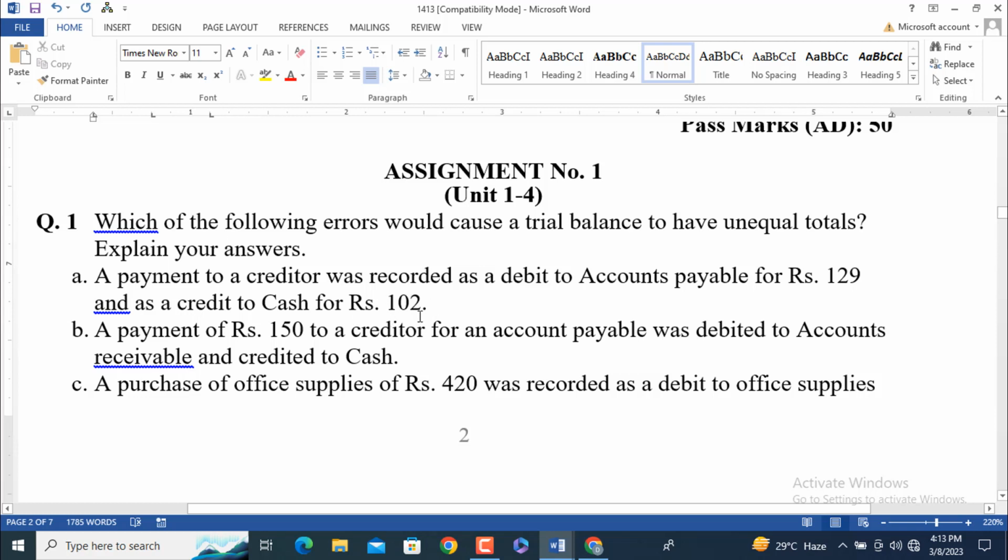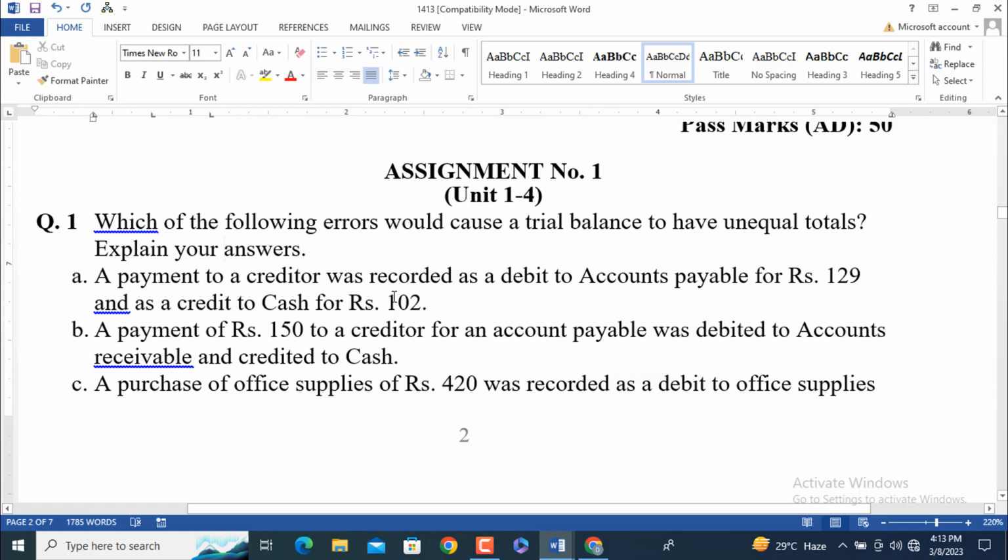As you see, there are two accounts involved in this transaction. One is accounts payable and the other is the cash account. So one is a liability and the other is an asset. As you clearly see from the transaction, our accounts payable is recorded correctly by the 129 amount, which is our liability side, but our cash side, which is our asset side, is recorded with a lesser amount, by rupees 27.